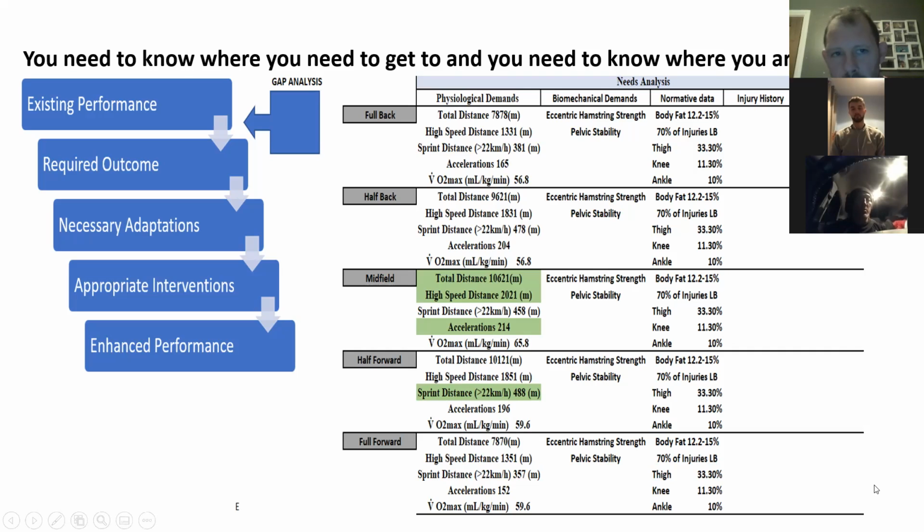Okay, so we need to know where we are, we need to know where we need to get to, and then we close that gap with a gap analysis.